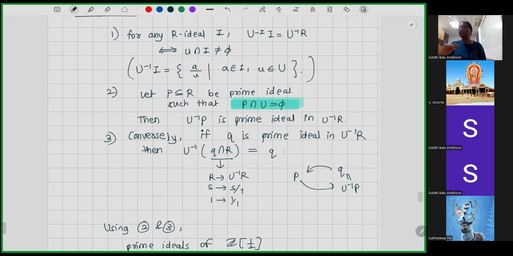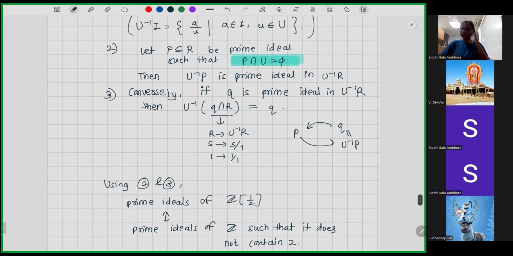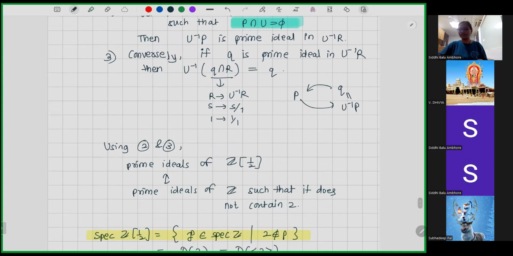So yes, it should not intersect with the inverting elements. That is the identification of prime ideals in the localized ring.